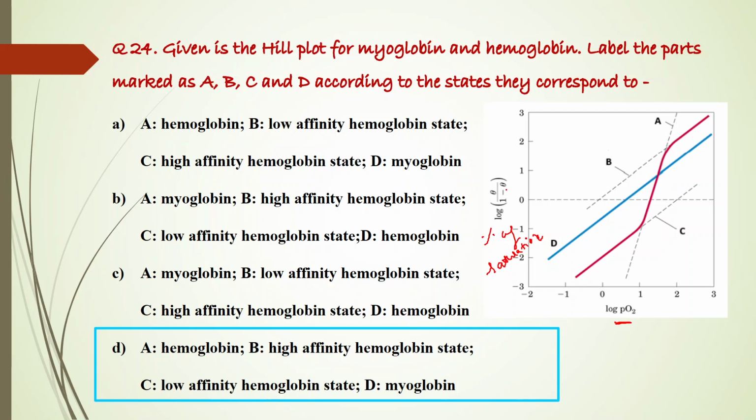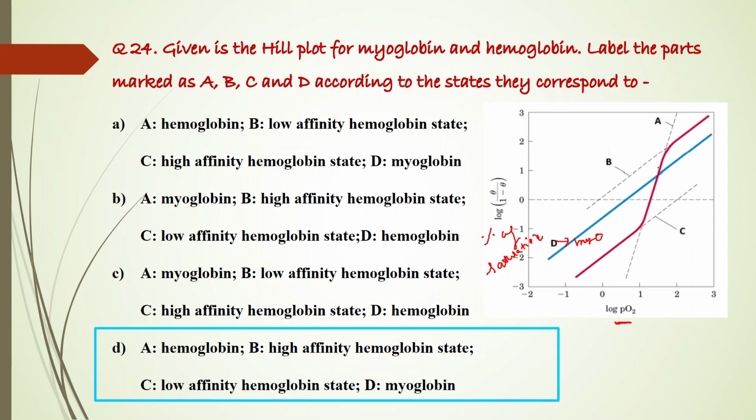If we plot log theta by 1 minus theta versus log of partial pressure for myoglobin, we do not see any kind of change in the slope. So our D has to be myoglobin, because in that case there is no change in the slope.